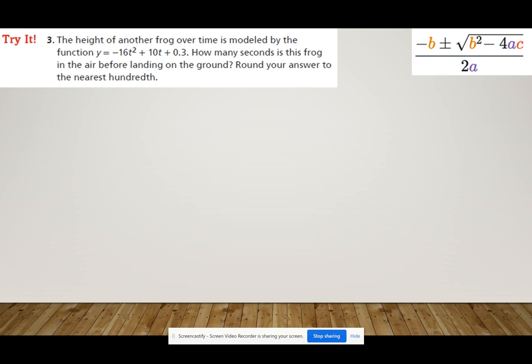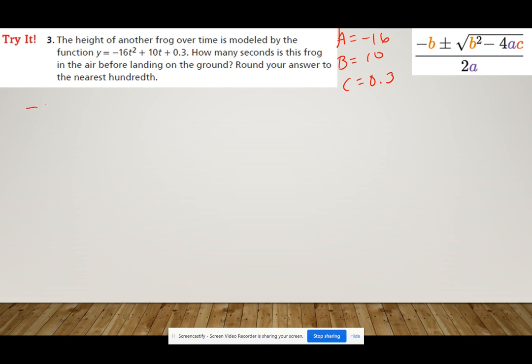Okay, so same thing as before. Looking at our equation, we have to identify A, B, and C. So A is negative 16, B is 10, and C is 0.3. We need to substitute these into the equation.